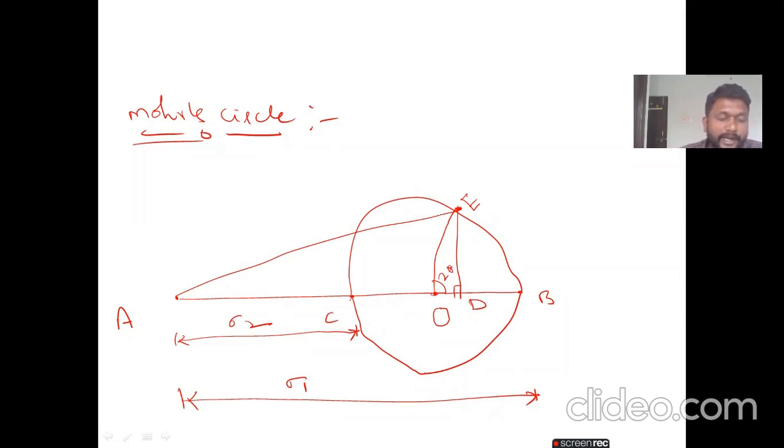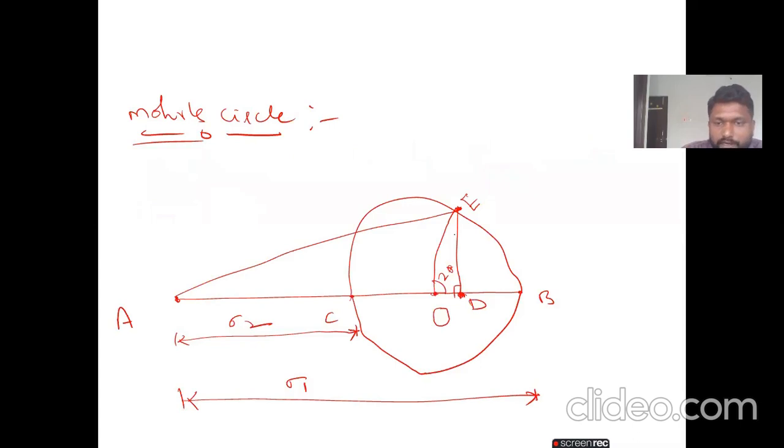Now these are the resultant stresses on the oblique plane. The length AD, from here to here, we call the normal stress on the oblique plane.